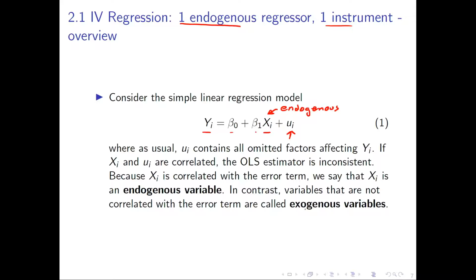In contrast, we have the exogenous variables, which are not affected by the state of the system or the other variables in the system. So if you induce a shock in the error term, an exogenous variable would not be affected by that.